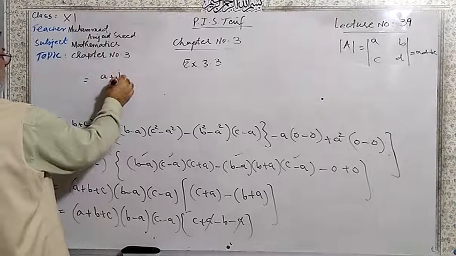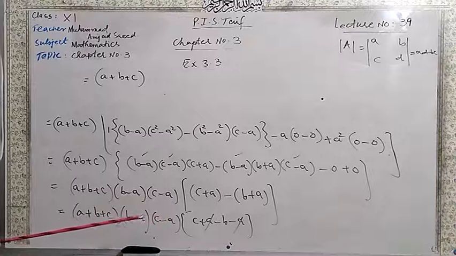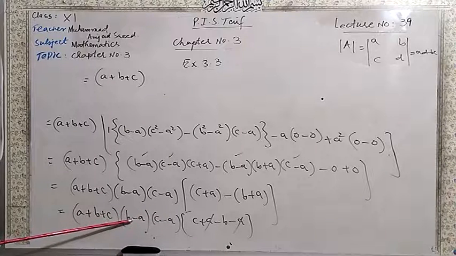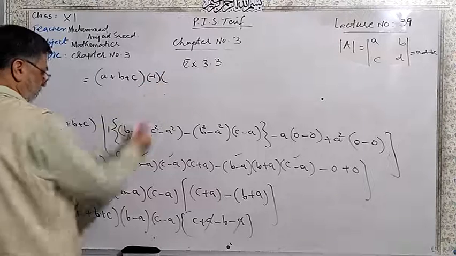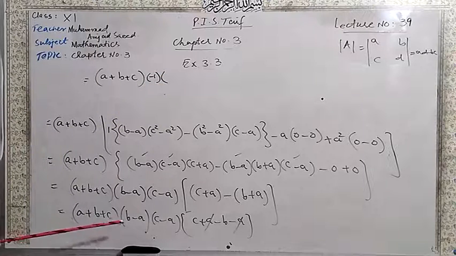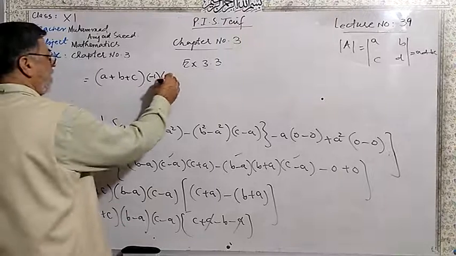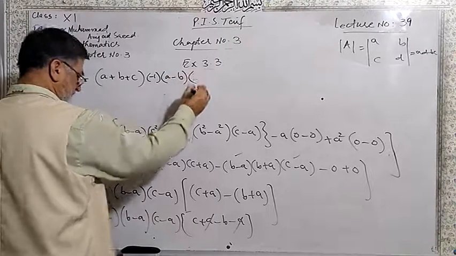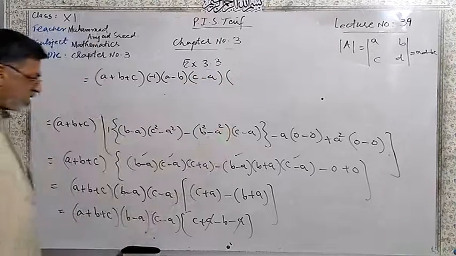Here we have a plus b plus c. Dear students, you can check this is b minus a. If you take minus common from b minus a, there will be a change of sign. Minus a will become plus a and b will become minus. Then c minus a.